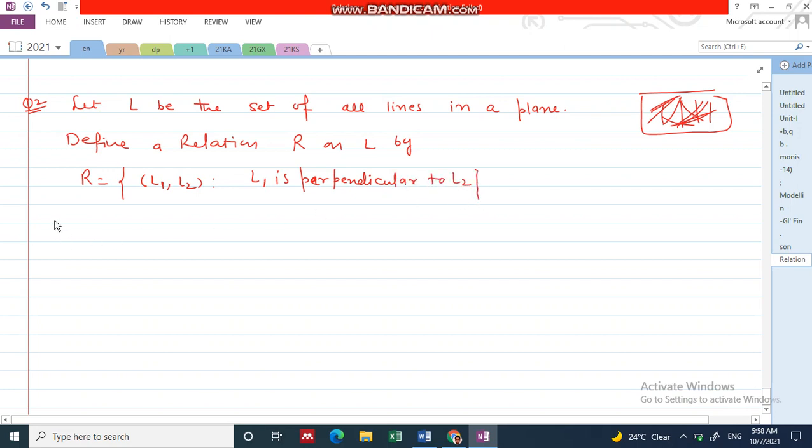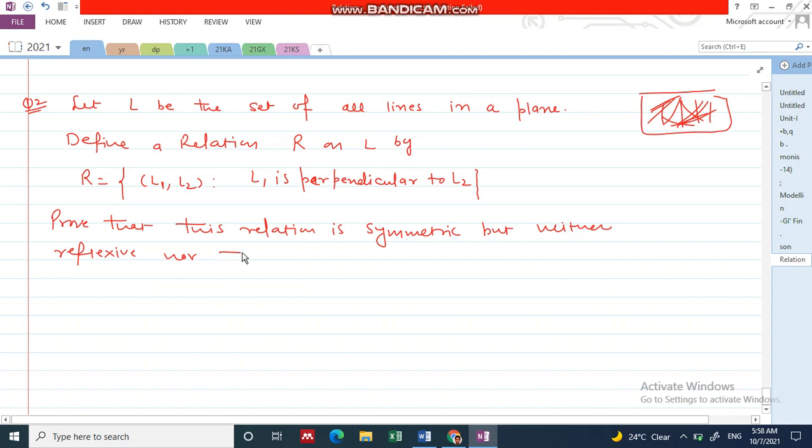Prove that this relation is symmetric but neither reflexive nor transitive. So we now prove it.